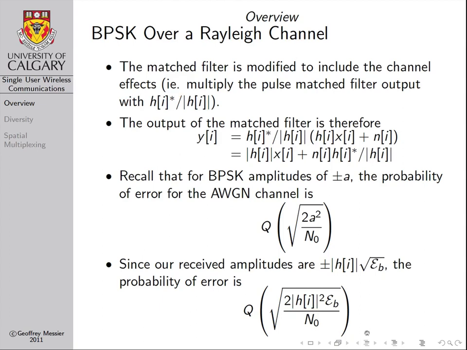And so we can think of this bit error rate expression at the bottom of the slide as a conditional expression for bit error rate. Given that the random Rayleigh fading channel holds a particular value, we can figure out what the bit error rate is for that particular value.